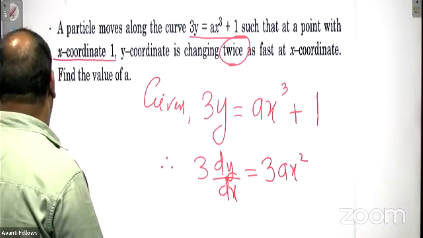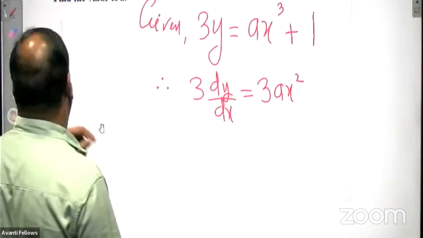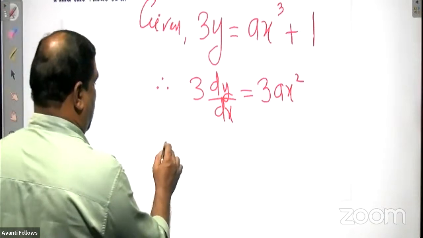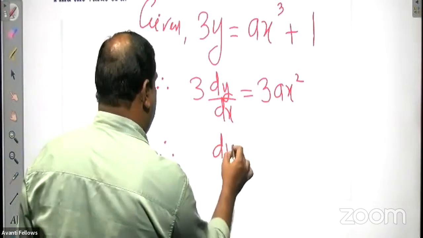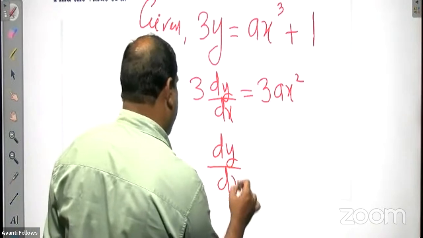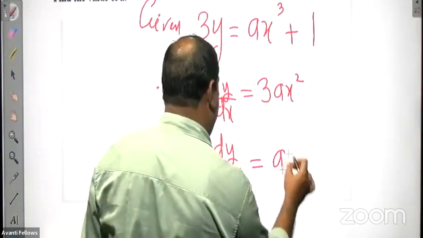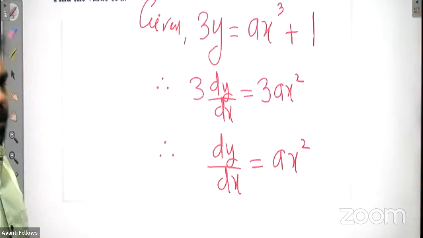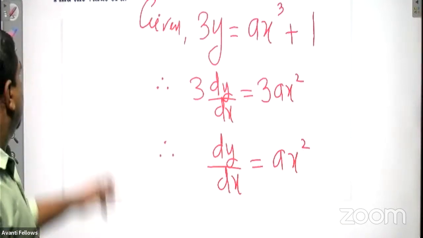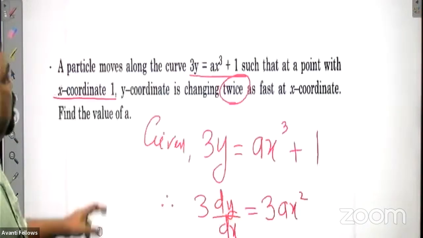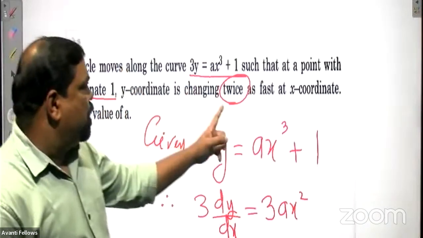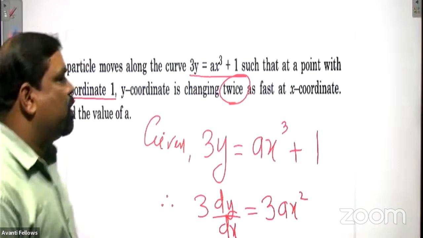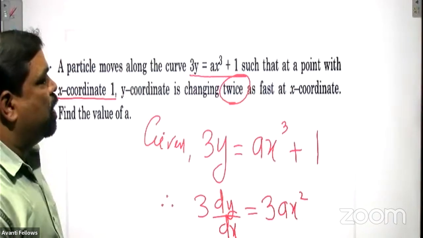Very simple differentiation only. Then 3 and 3 can be cancelled. So we get dy by dx equals ax square. Now what is given in the question? The y coordinate is changing twice as fast as the x coordinate.